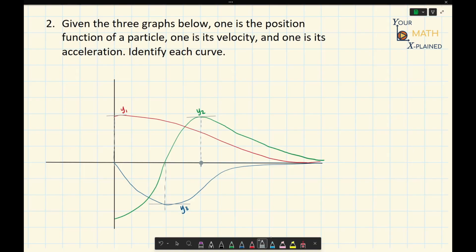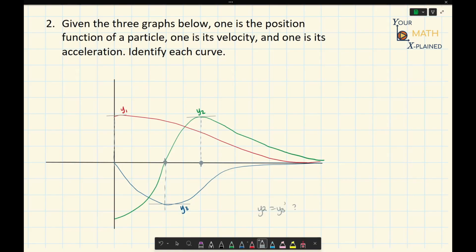Now y3 has a horizontal slope at this particular x value. And then we can see that y2 has a value of 0 right over there. So that means I want to check that maybe y2 is the derivative of y3. And I'm going to put a question mark there because right now I've only checked this one particular value. I want to look at the entire graph to make sure that that's true. So let's take a look at that next.